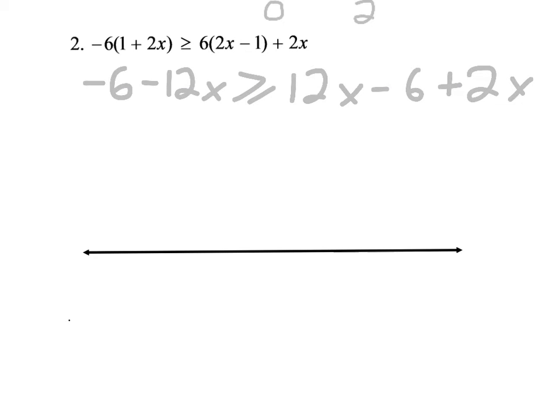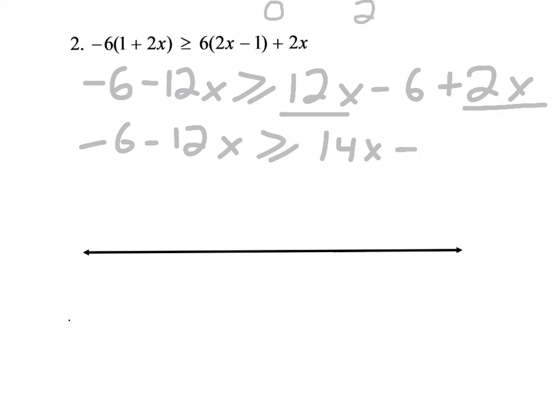I'm not explaining this step by step, so maybe pause the video and rewatch it, but make sure you're getting this correctly. Now, on my right side, I see like terms, so I can combine 12x and 2x. So negative 6 minus 12x is greater than or equal to 14x minus 6.